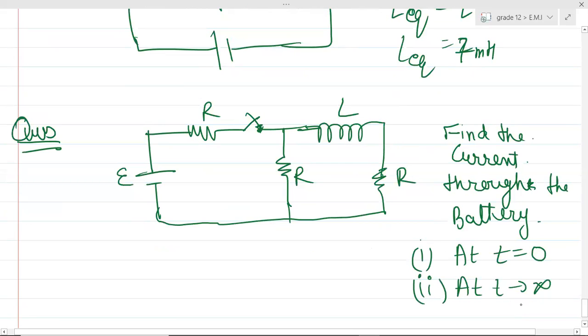Please remember, t tending to infinity is called a steady state, and I told you how exactly an inductor will behave. At t equals 0 the inductor will behave like an open circuit, right? So there will be an open circuit, no current will flow through over there, so the resistance will be 2R, and hence the current will be E by 2R. Similarly, you will do it for t tending to infinity.